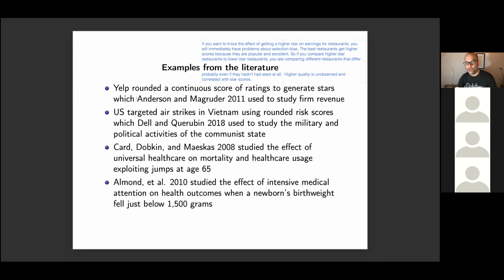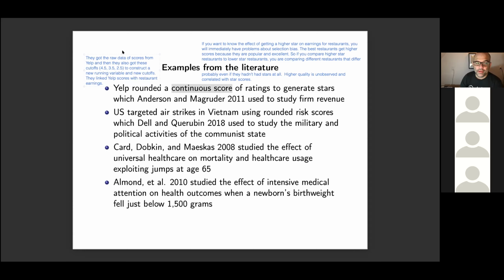So what Anderson and Magruder did was they used the raw data from Yelp. They got the raw data of scores from Yelp, and then they also got these cutoffs, 4.5, 3.5, 2.5, to construct a new running variable and new cutoffs. They linked Yelp scores with restaurant earnings.